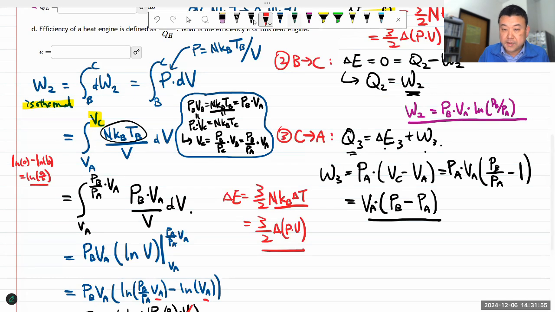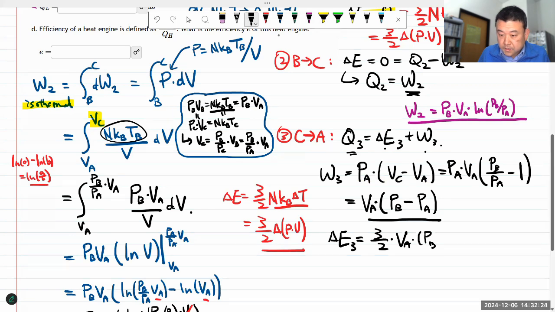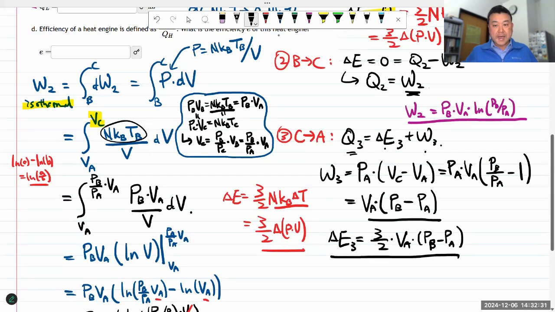So with all this in mind, what I'm writing for the change of internal energy in process 3 is 3/2 times, I think this delta PV is what I calculated here basically. So I can just reuse that. Let's use this expression, which is the simplest. So I'll just write down VA times PB minus PA. All right, that's the last of the steps.